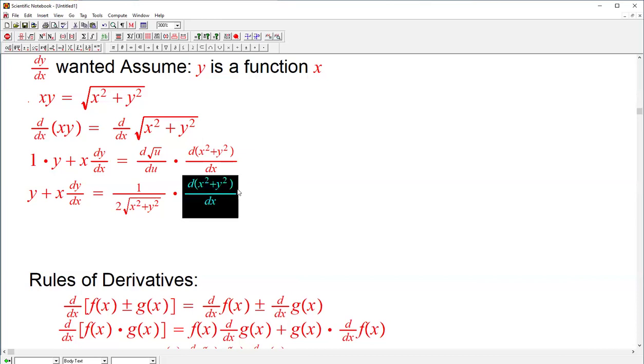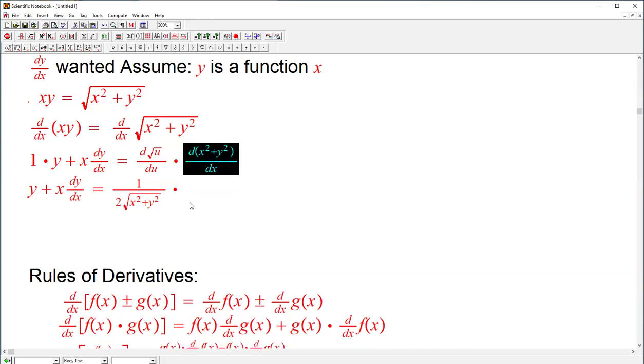And then we'll have to work on this addition. And of course, we're going to apply the addition rule. We're going to generate at least 2 terms, I think there will be 2 terms. The derivative of x squared with respect to x, that's 2x.